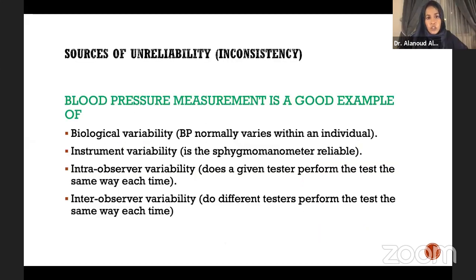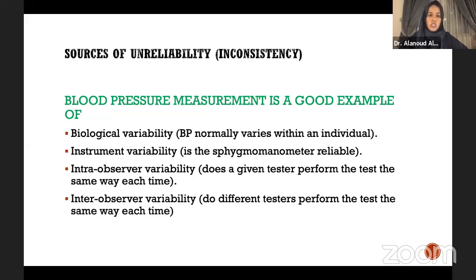And a good example of tests that might cause a lot of inconsistency and unreliability that we should be aware of, especially as a nephrologist, is the blood pressure measurement. Blood pressure measurements can vary because of biological variabilities related to the different time of measurements.